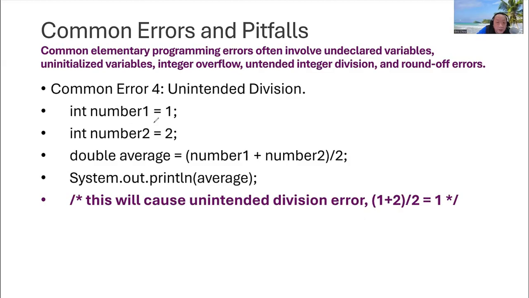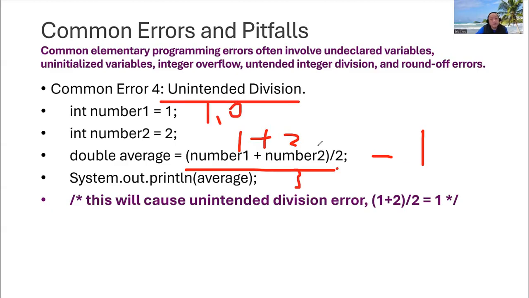Okay, you have num1 equals 1, num2 equals 2. So 1 plus 2, you get 3, divided by 2, you get 1. And then converting it to double is 1.0. It's unintentional, unintended division. You finish the integer division before you convert it to a double. So how can you fix it? Right here, this 2 must be changed to 2.0.